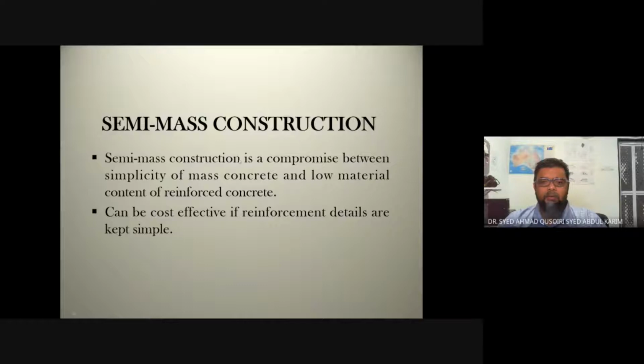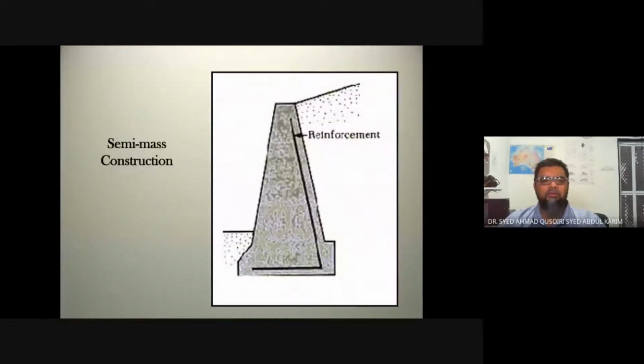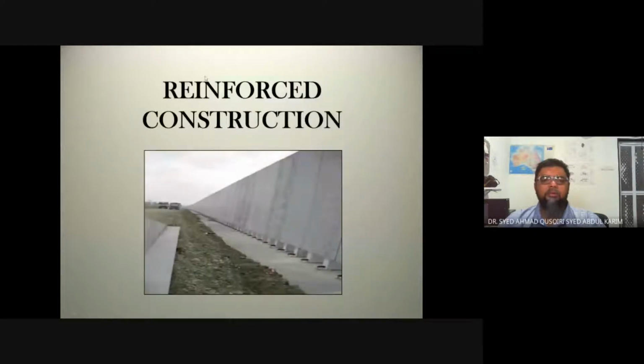So it's a compromise between simplicity of mass concrete and low material content of reinforced concrete. Can be cost effective if the details are simple. So this is an example.